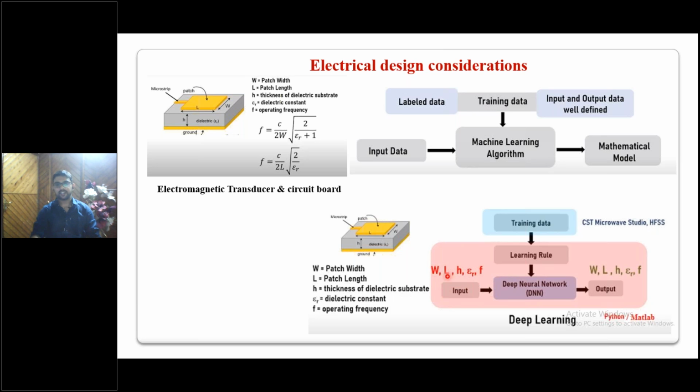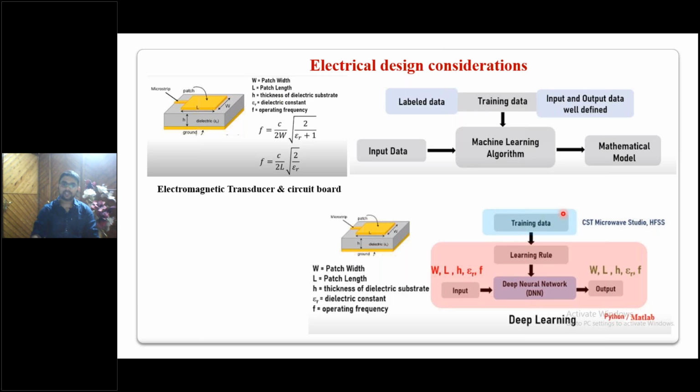So essentially our input parameters will be W, L, H, epsilon r, and Fc, that is operating frequency. These are our inputs, and in the output we expect that it will give us some optimized, better result.